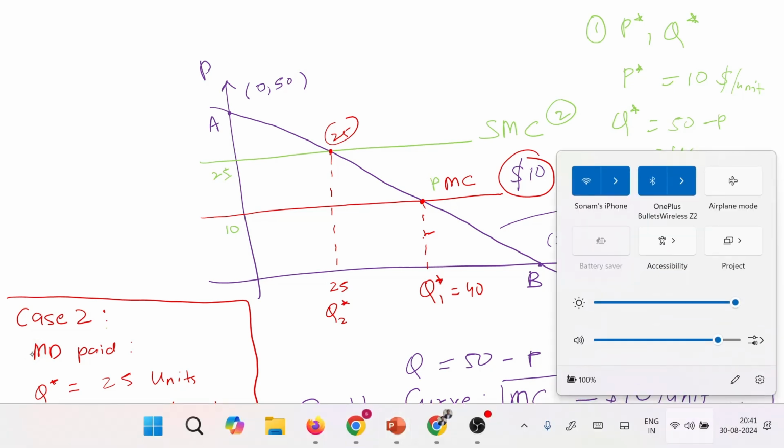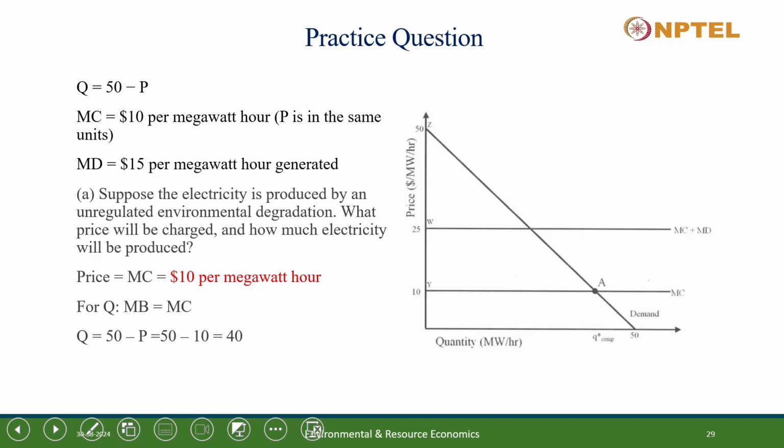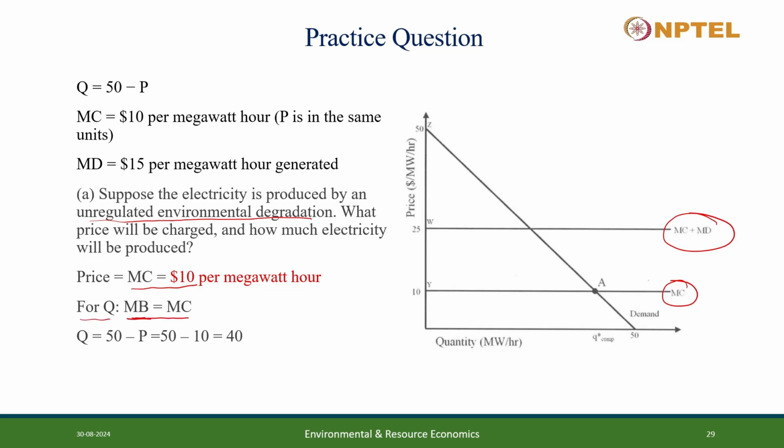So we have another 20 minutes, so I'll move to the next part. Here we have the MC curve and the MC plus MD curve. When there is unregulated environmental degradation, the marginal cost will be 10, and for finding Q we equate MB and MC, so we get 40.